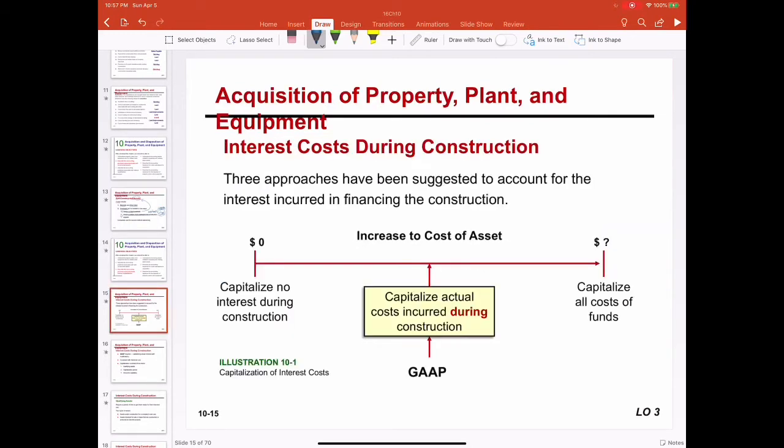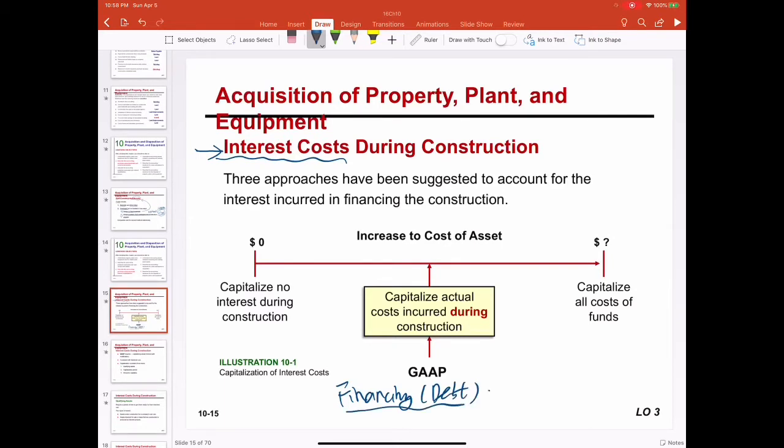In this example, we consider the interest cost as an overhead cost. There may be multiple overhead costs to be assigned. In this section, we just use one of them as the example. Usually, when a firm self-constructs a property, plant, and equipment asset, it needs to get financing, especially debt financing, to finance this construction.